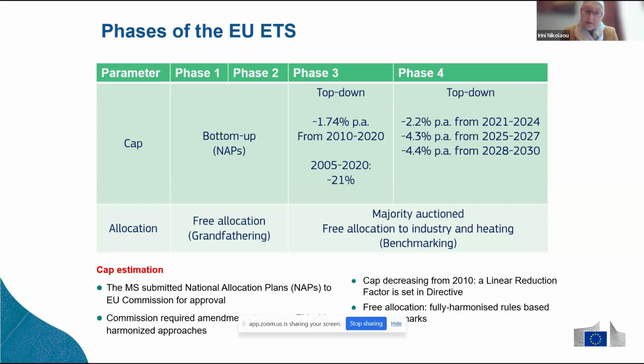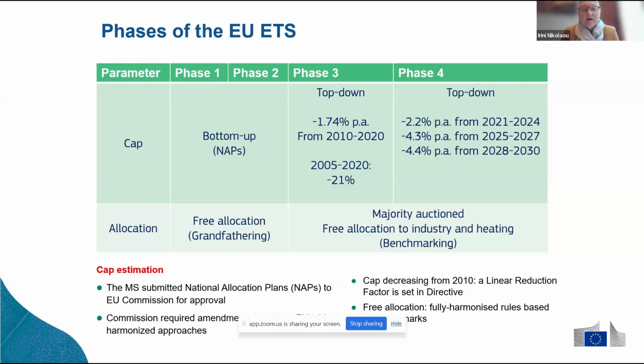The member states submitted national allocation plans to the Commission for approval. The Commission required amendments and tried to understand if they were exaggerating, because every member state wanted to have more allowances available for distribution to their industry.